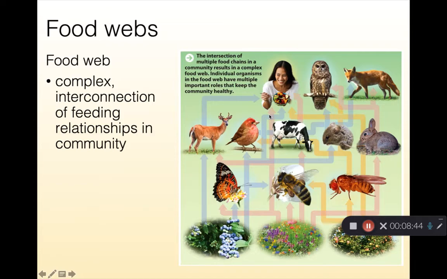And again, with food webs, we still have that energy loss from level to level. So always be thinking about not necessarily that food webs exist. You probably all know that food webs exist. But I want you to think instead in terms of overall energy expenditure between these levels. Because that's really at the heart of what allows a community to survive, the amount of energy they are able to consume.